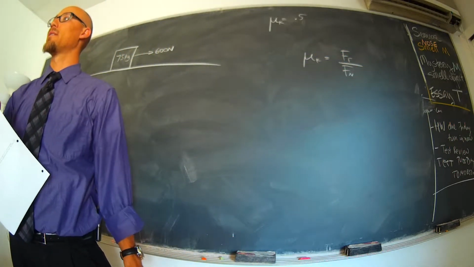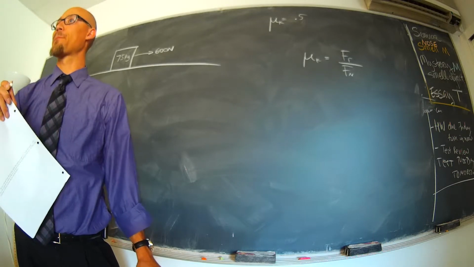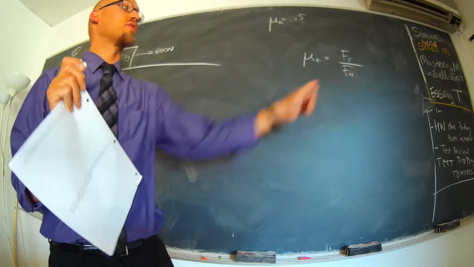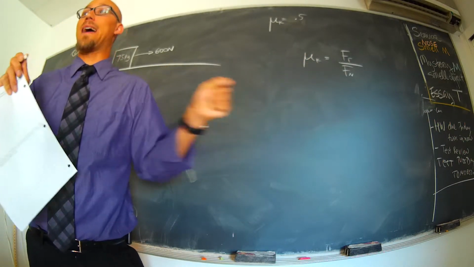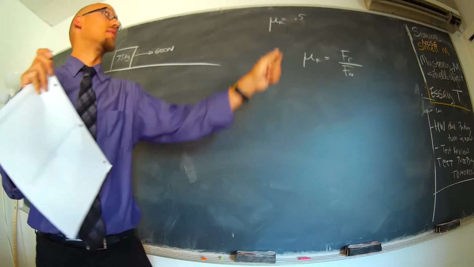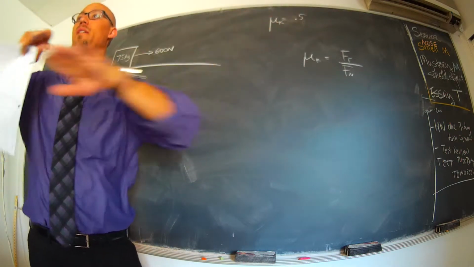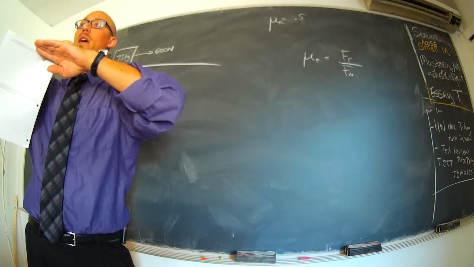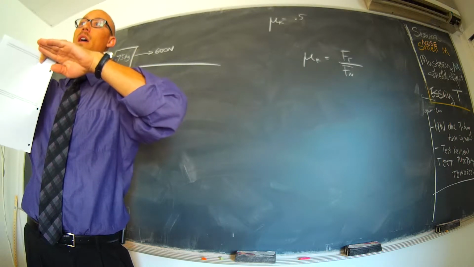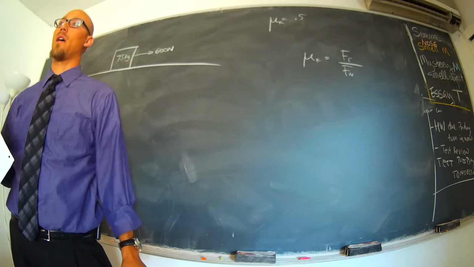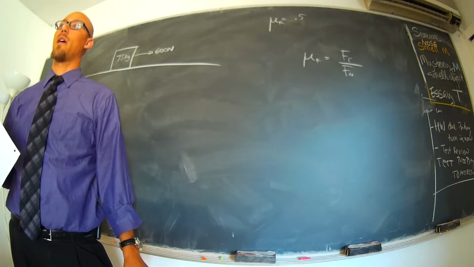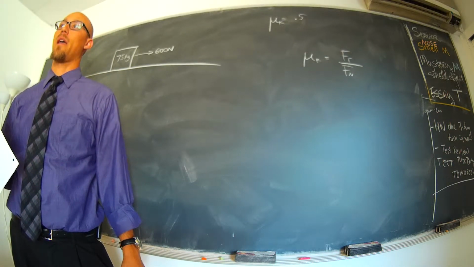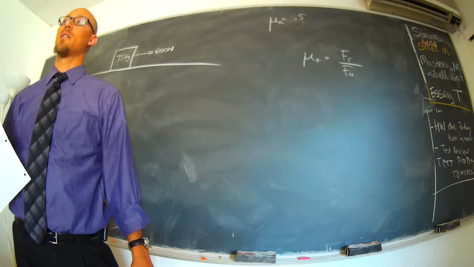The force of friction is a force that's acting on a thing. This coefficient is just a property of the two surfaces. So the surface has a coefficient of friction, rather than it being part of the force.